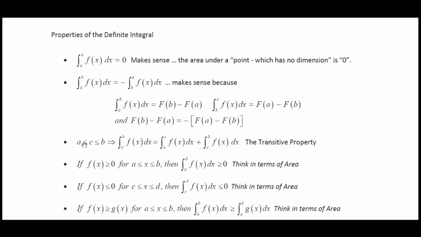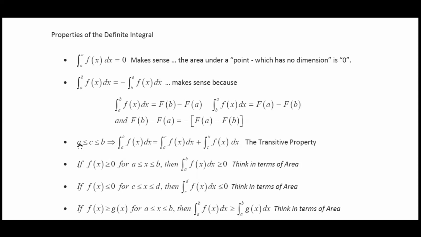If C is between A and B, then the antiderivative from A to B is equal to the antiderivative from A to C plus the antiderivative from C to B. In other words, you break it up piecemeal.